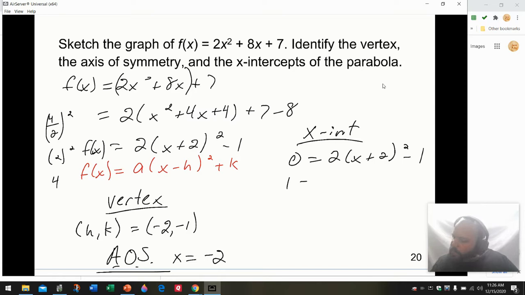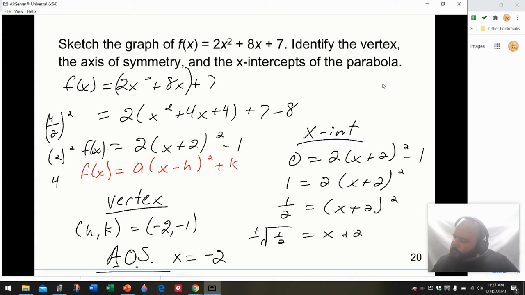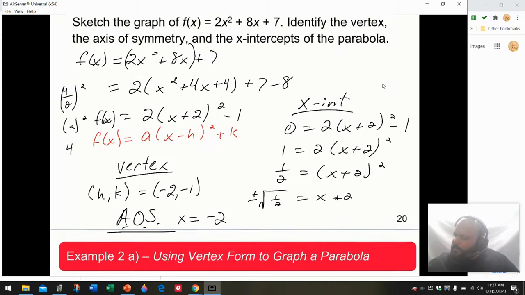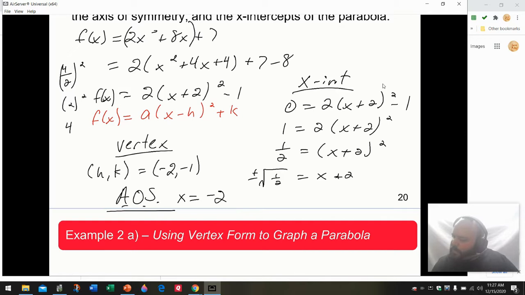So I'm going to move the 1 to the other side first. Then I'm going to divide both sides by 2. Then I'm going to take the square root, and then the last thing I'm going to do is I'm going to move that 2 to the other side.